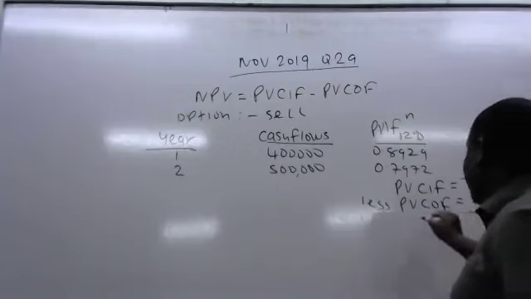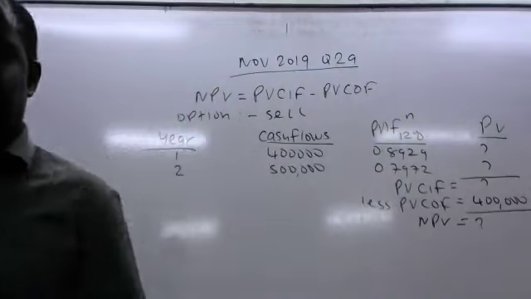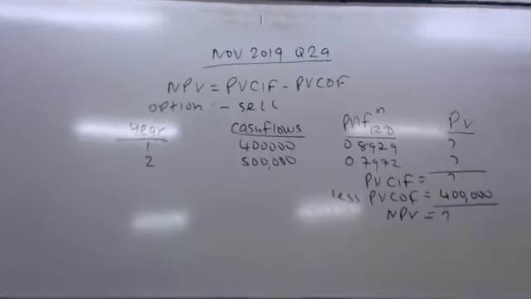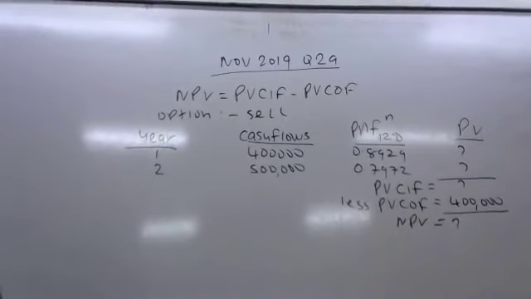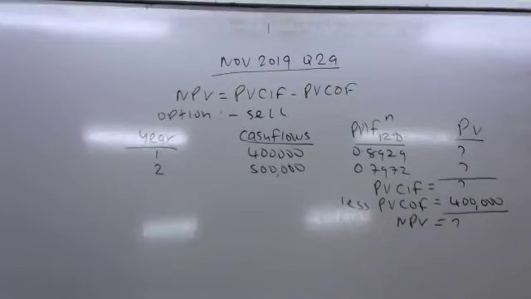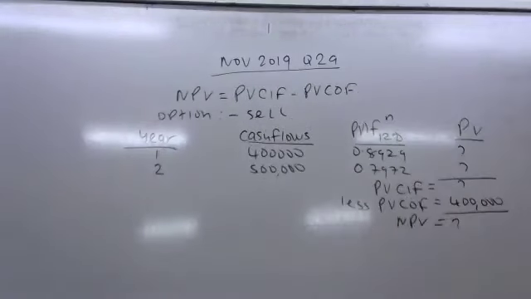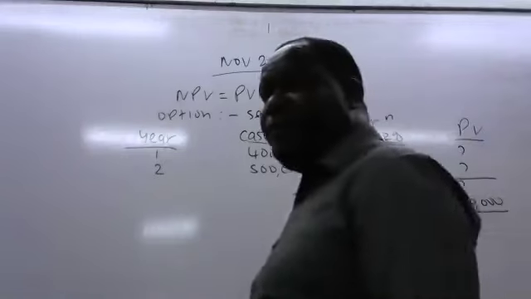So when you subtract, you will be able to get the NPV for that particular option. So that's the NPV for option sell.